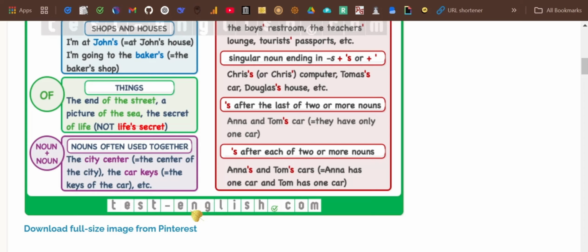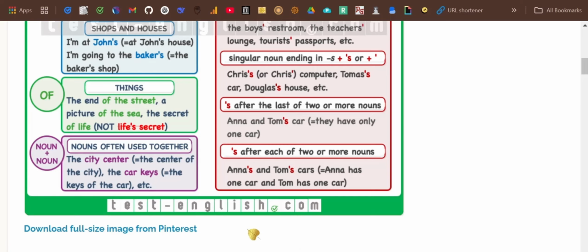Canned fish. Canned is an adjective, canned fish, with a D. So I think it's an adjective and noun.